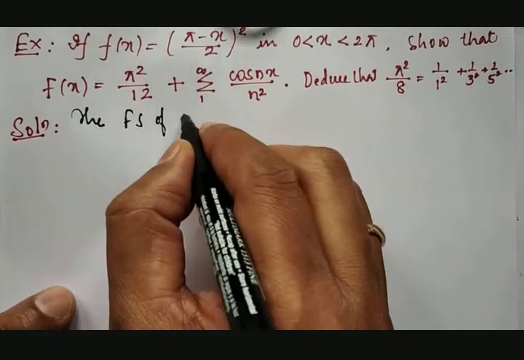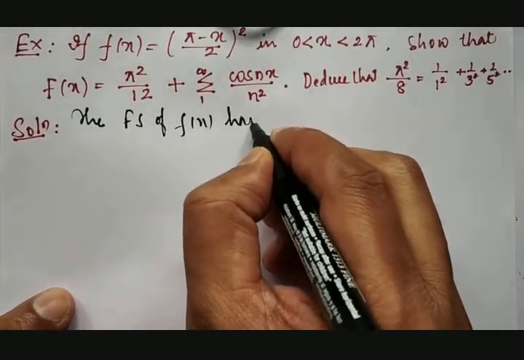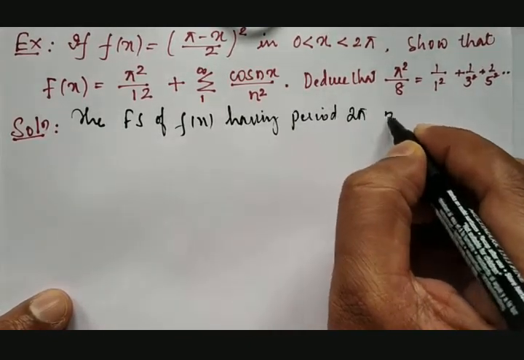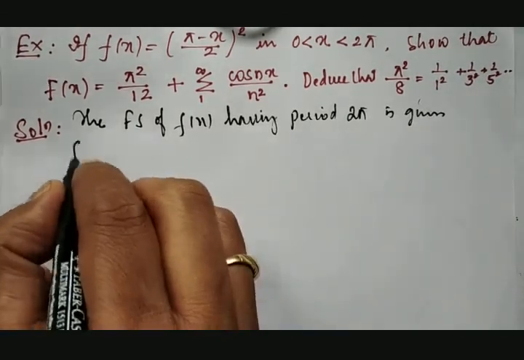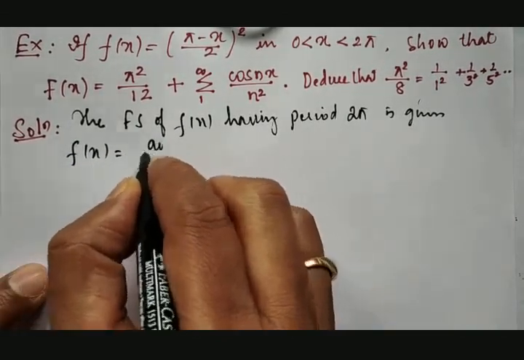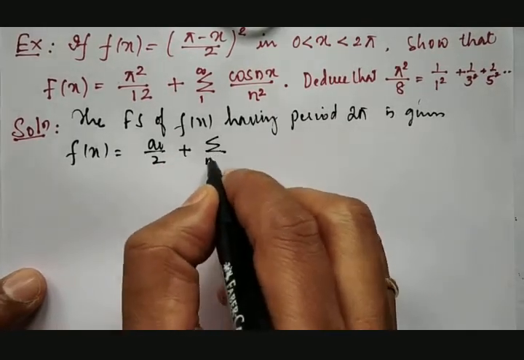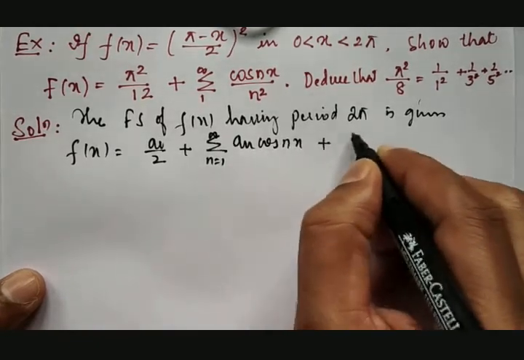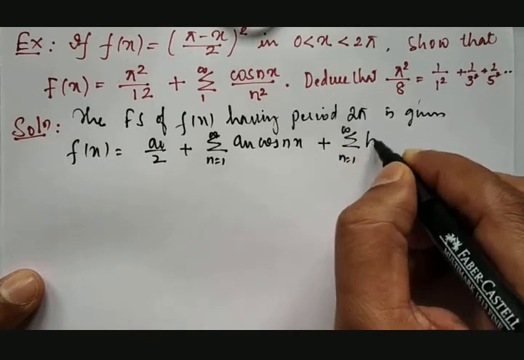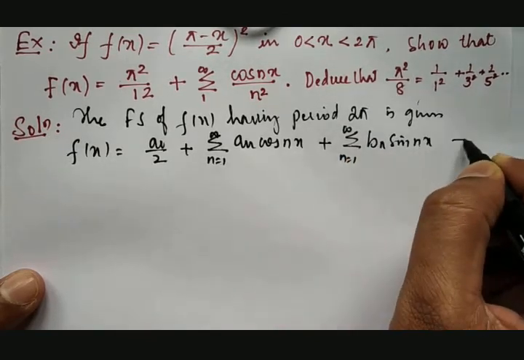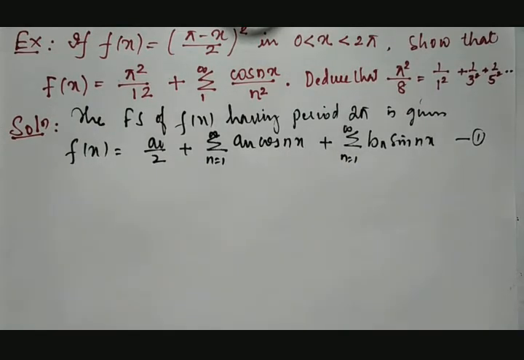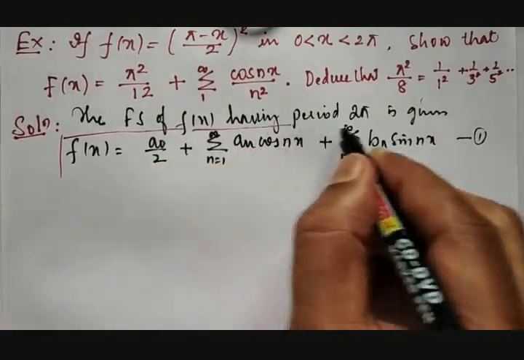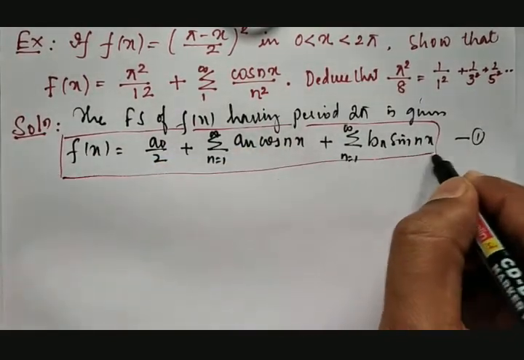The Fourier series of f of x having a period 2 pi is given as f of x is equal to a naught by 2 plus summation from n equal to 1 to infinity of an into cos nx plus summation from n equal to 1 to infinity of bn into sin nx. We call it as equation number 1. So this is the important expression to calculate the Fourier series of the given function.